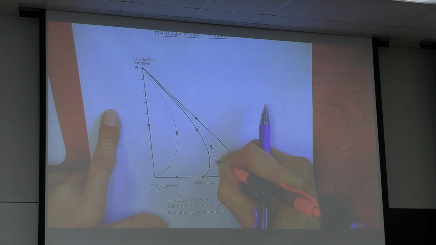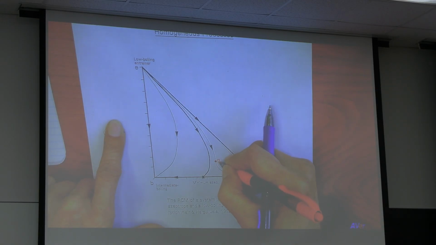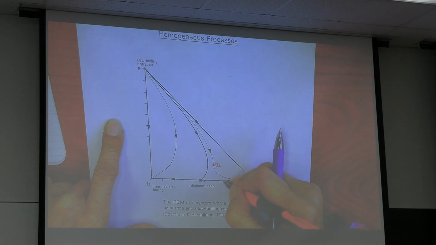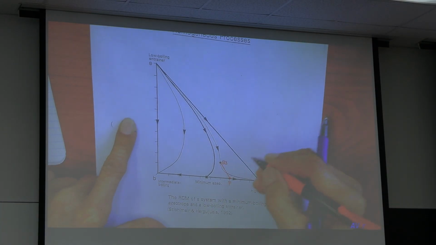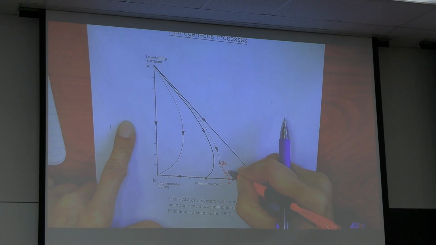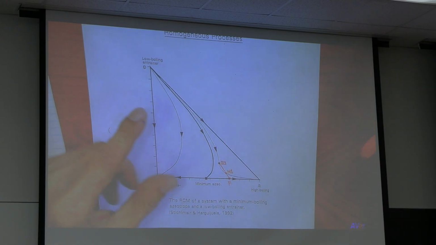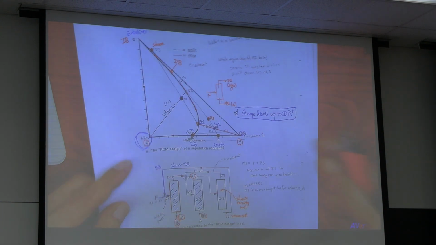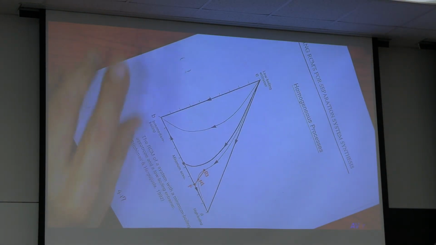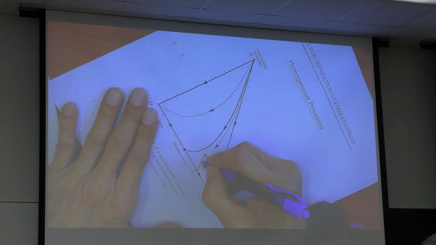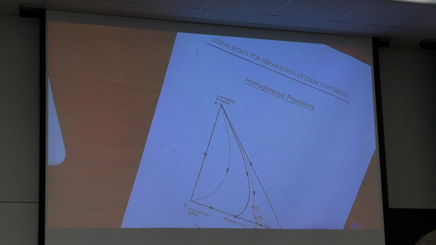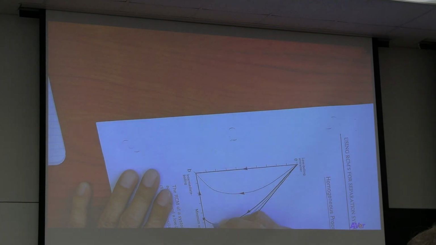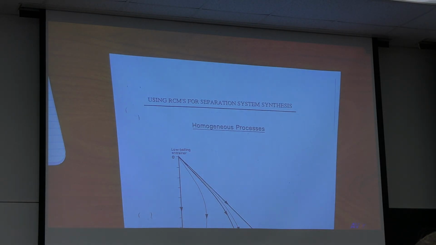I want to make sure this is B3. This is my F. So, I have my M1. And this is my B1, M1, D1.